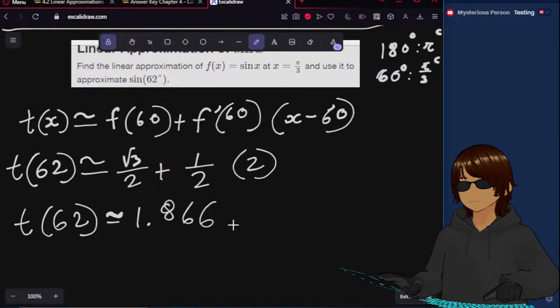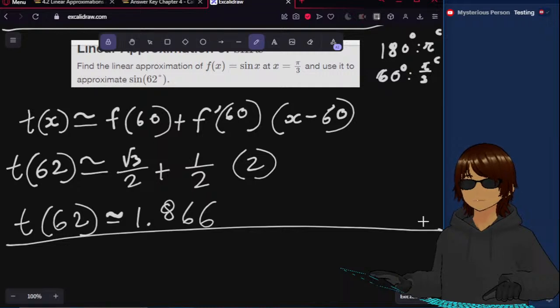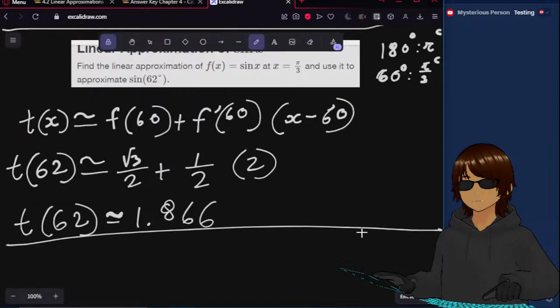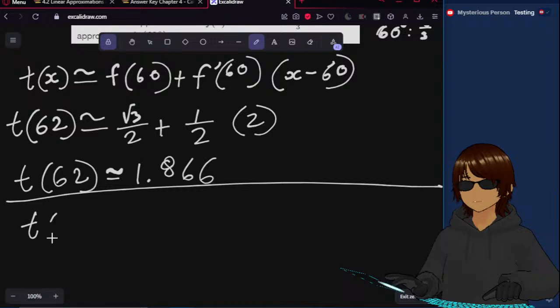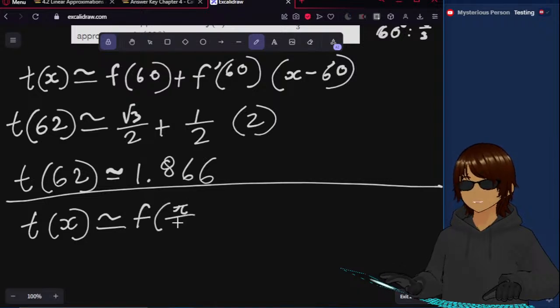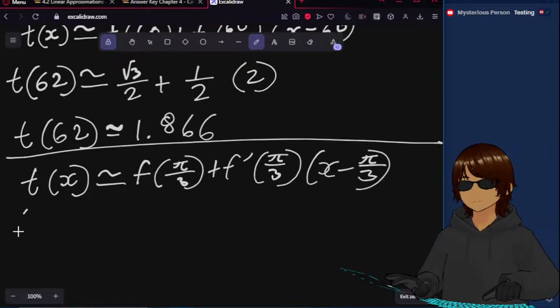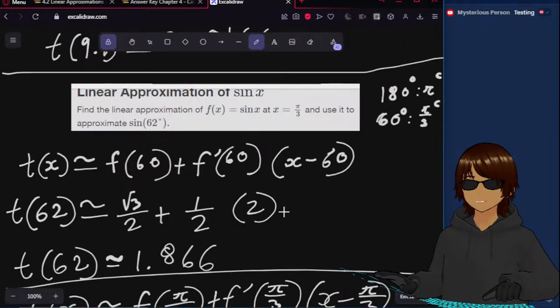Okay, let's try it another way. L of x is approximately f of pi over 3, then x minus pi over 3. L of 62.